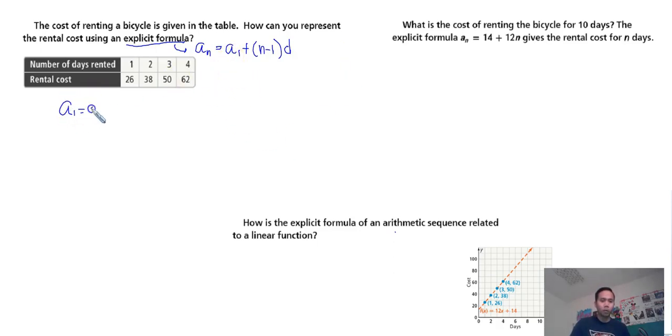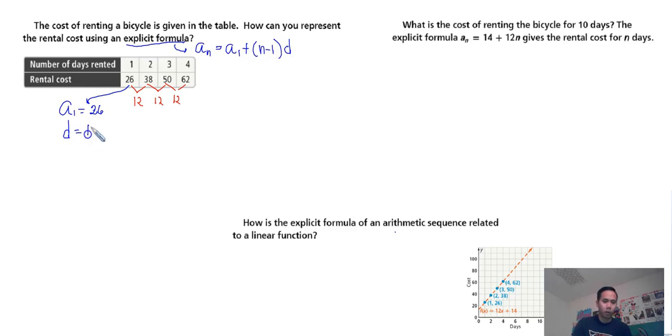Your a1 is equal to 26, which is this one. And then let's take a look at the common difference. 38 minus 26 is 12, right? 50 minus 38 is still 12. And 62 minus 50 is 12.